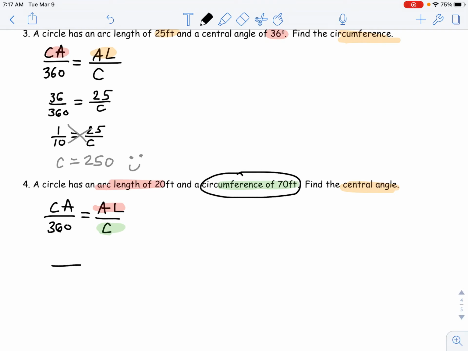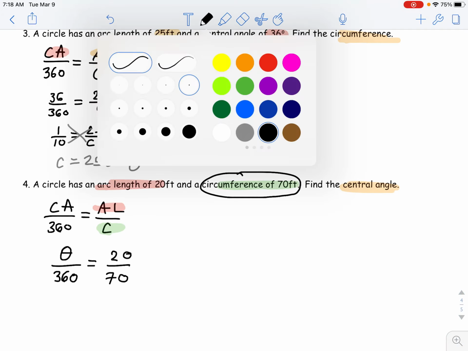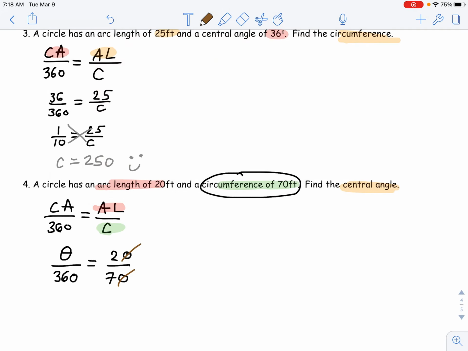All right, and just for fun, let's call central angle theta. We haven't used theta since Unit 7. It's been such a long time. All right, so theta over 360, arc length 20, over 70. Again, boom, boom. Left with 2/7.